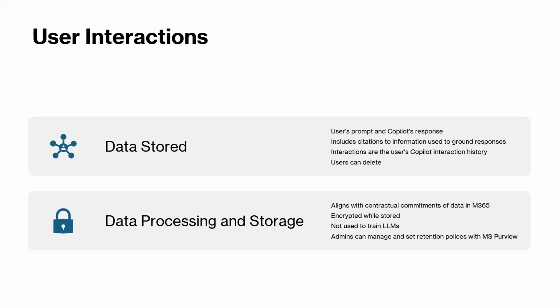So I really see it as a benefit for the user, but it's important to call out again that these protections are in place around that data and that it's not used beyond that intent. And then, of course, admins can manage that and also set retention policies on that history if they want using Microsoft Purview. So that's really the data. There's not too much more to talk about in terms of that data storage.